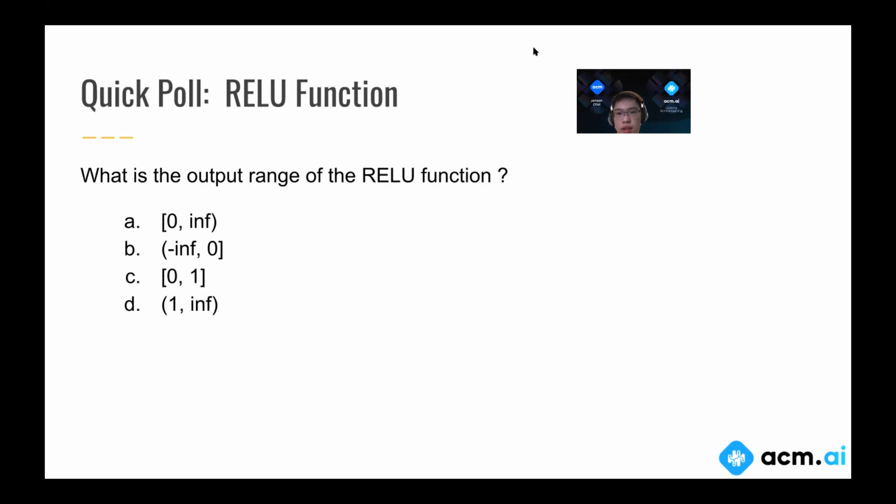All right, most of you picked A, which is correct. ReLU is defined as the maximum between 0 and x. So if x is negative infinity, then ReLU would output 0, and if x is infinity, ReLU would output infinity. Some of you picked C. That's actually the correct range for sigmoid, which is the activation function that we'll be using mainly in this workshop, so just keep that in mind.